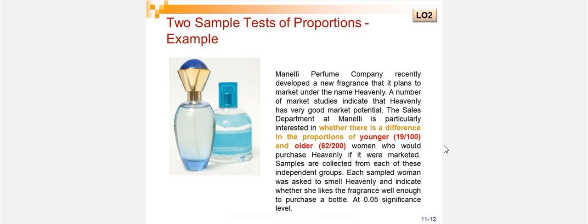For this product, we want to separate one group of younger and another of older. We want to see whether the smell, say smell A or smell C, which group prefers, whether youngest or oldest.